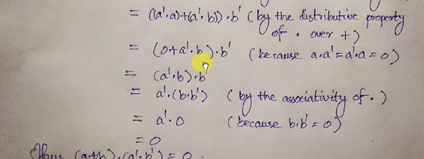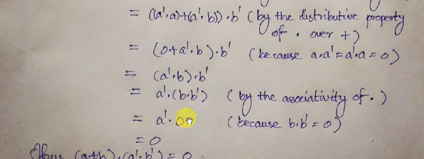Now again we are using the associativity property of multiplication. So this is equal to first a complement into b into b complement. And b complement being the complement element of b, b into b complement is actually equal to 0.